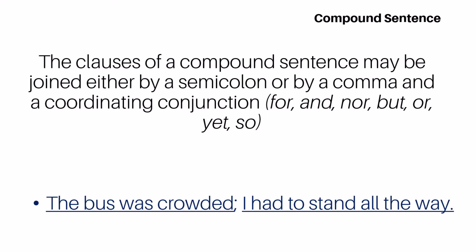So here are 2 clauses joined by a semicolon. Sometimes we can use a comma to join them. Here, the bus was crowded is an independent clause, and after the semicolon, there is another independent clause.